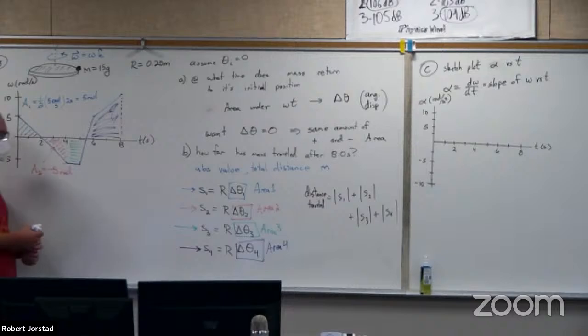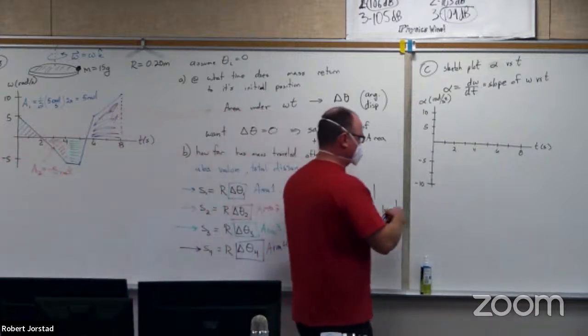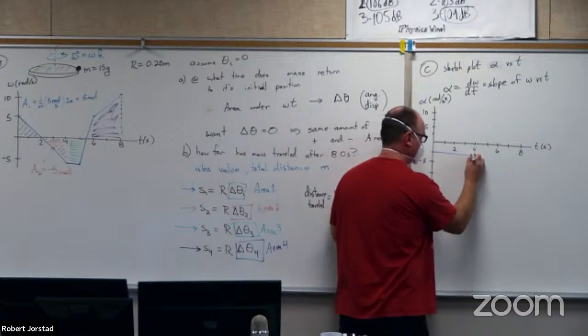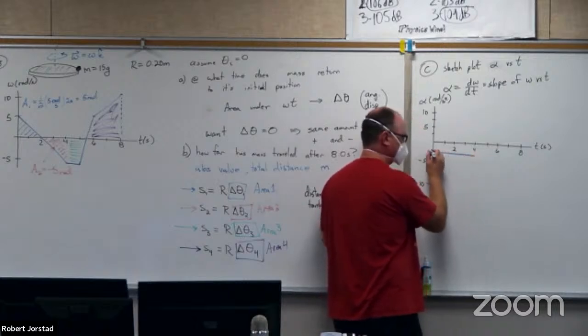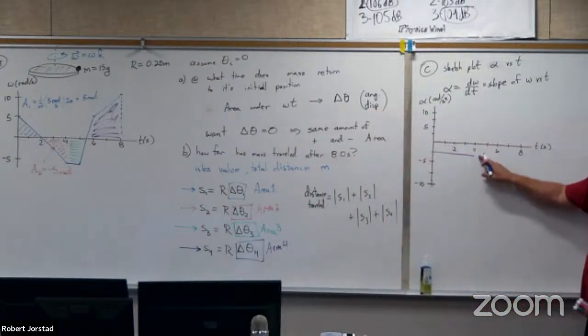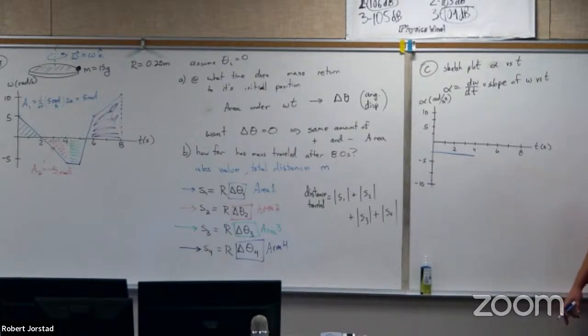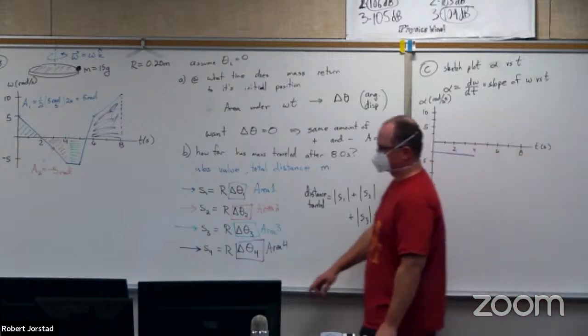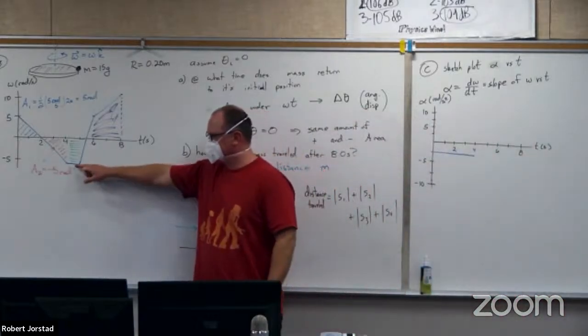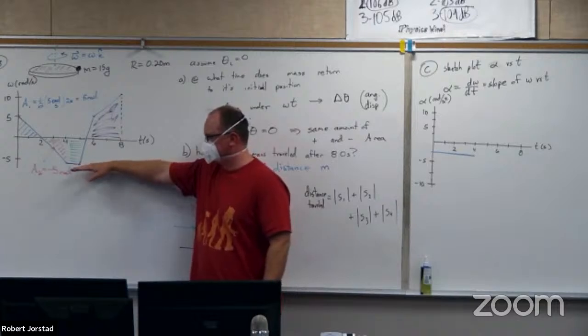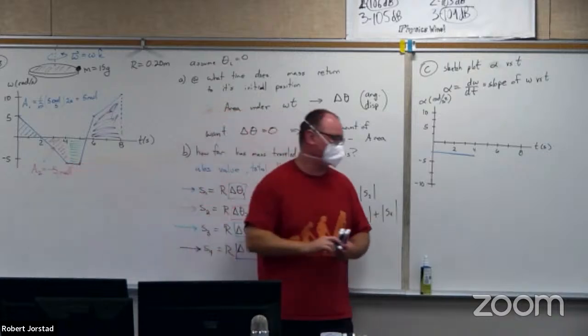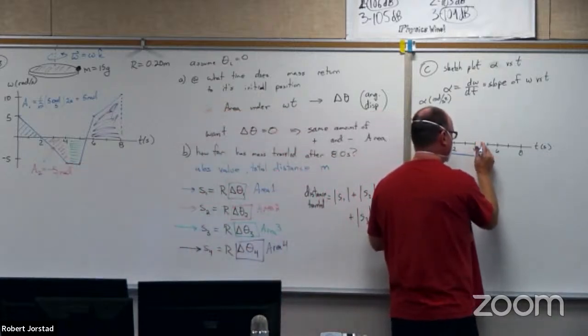Negative 2.5. Does that make sense? The initial slope is negative 2.5 and it lasts until 4 seconds. What's the slope from 4 to 5 seconds? Yeah, 0.